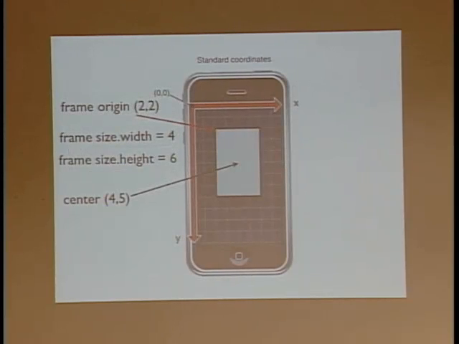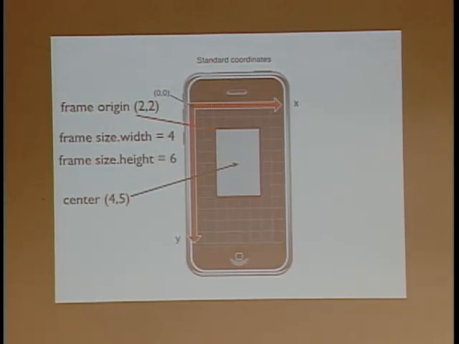So one of the things that's important to understand about views is the coordinate system and how that works. In this case, I've taken this image from the documentation, and we see that up in the upper left corner there's this 0, 0, and then it increases in X across and increases in Y down.